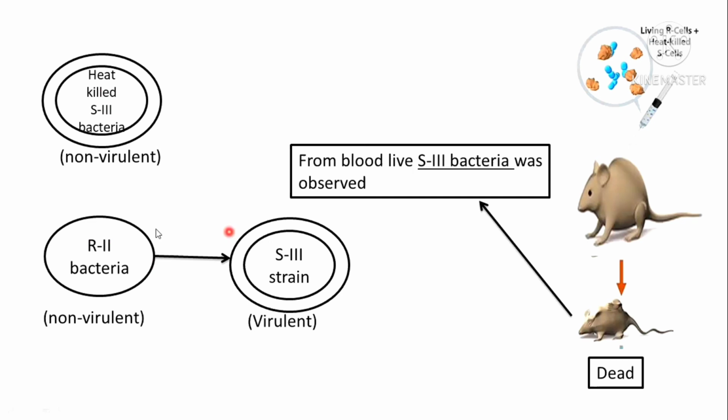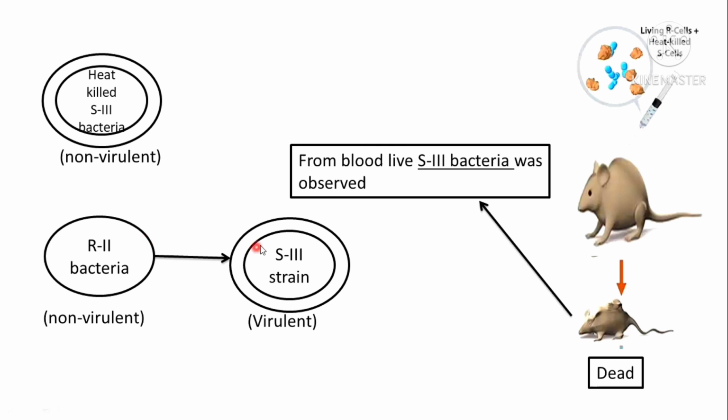So R2 became S3, which is virulent, and which is why mice died. So Griffith said this R2 has absorbed the genetic material of S3, which is why R2 got converted to S3.